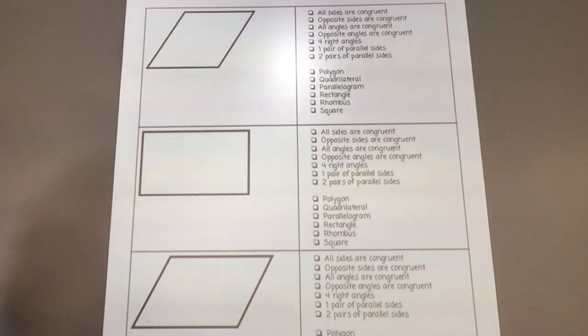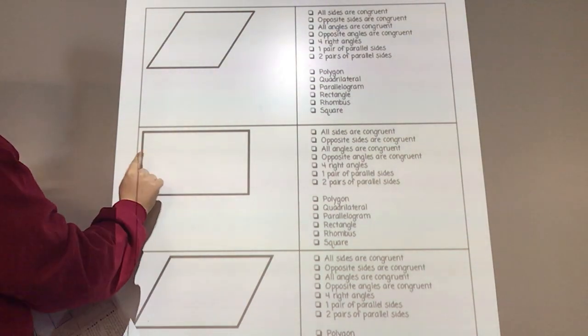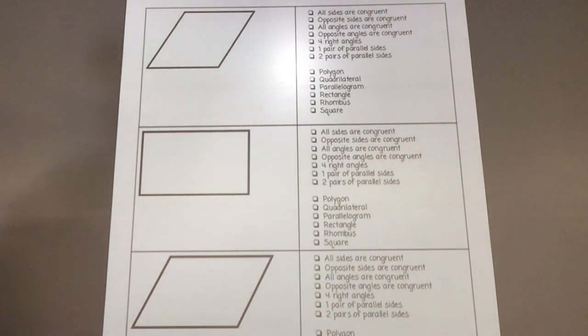Are opposite sides congruent? Yes. So when I look at these two and compare them, they're the same. When I look at these two, they're the same. So yes, opposite sides are congruent. Mark it off. The next one, 4 right angles.